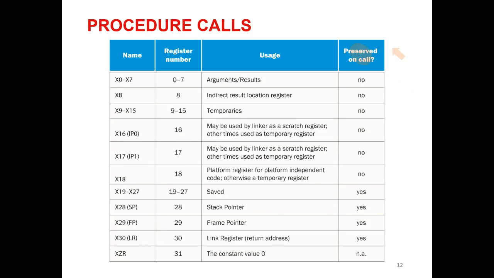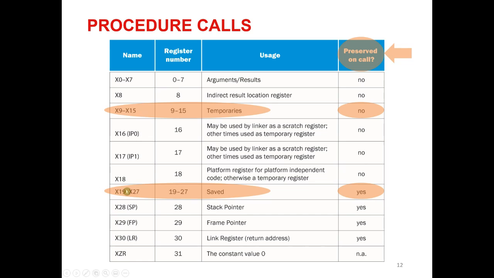When we call a procedure, we need to make sure that if we modify some registers, we preserve the value of those registers. What does that mean? For instance, if inside my procedure I modify registers 19 to 27, I need to keep the result that they had before calling the procedure.